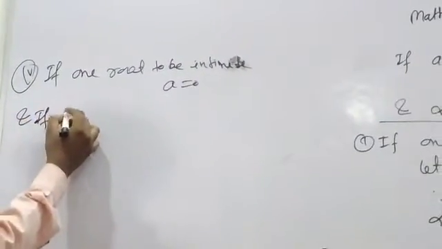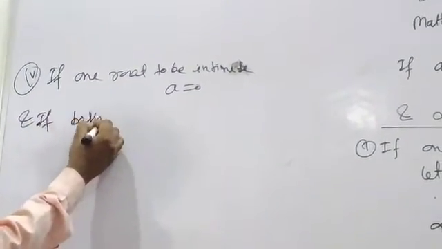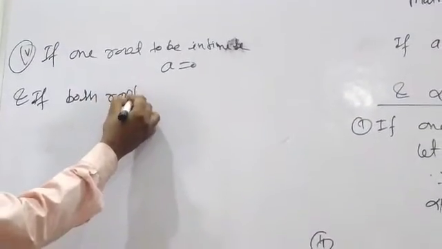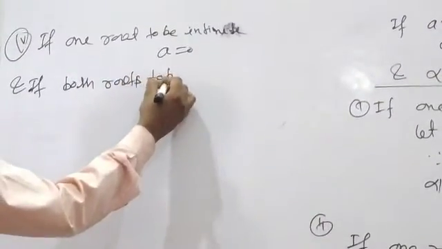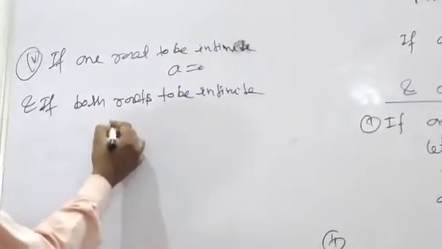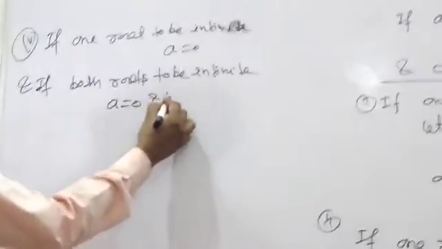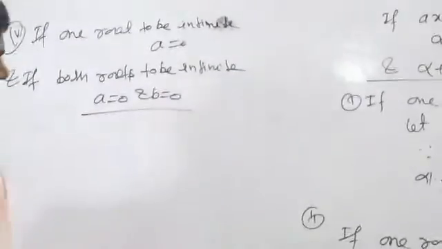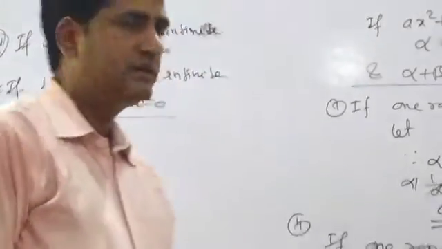And if both roots are infinite, then a is equal to 0 and b is equal to 0. Clear? Then take this as a condition.